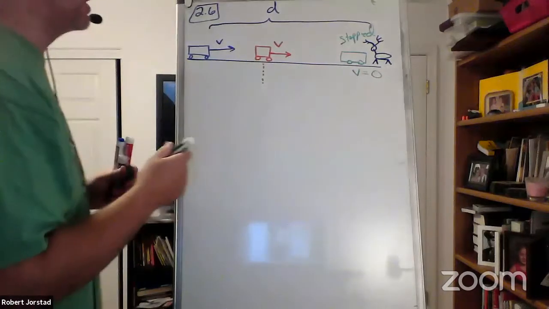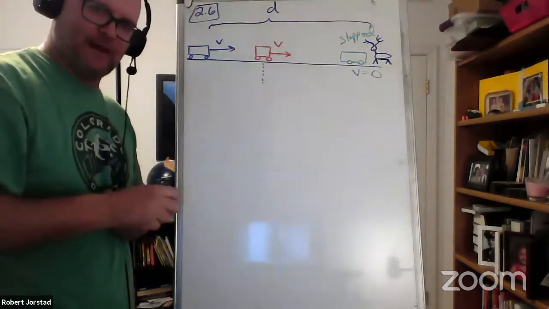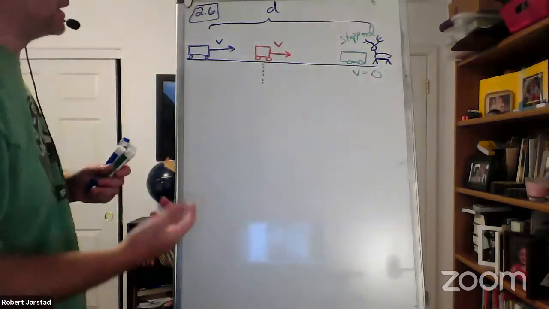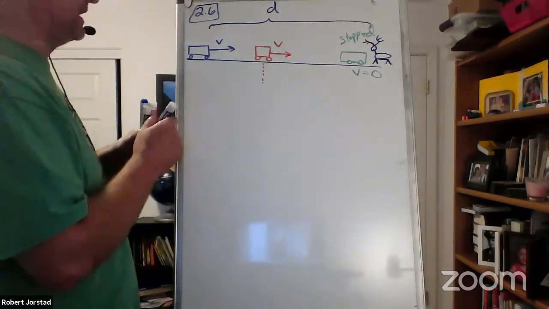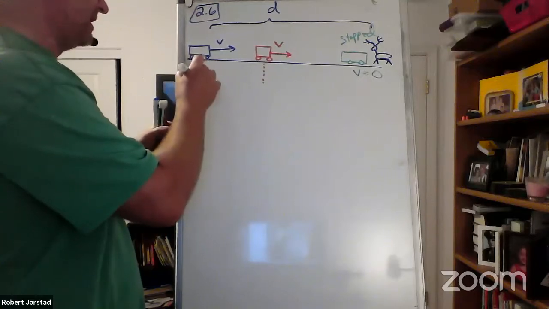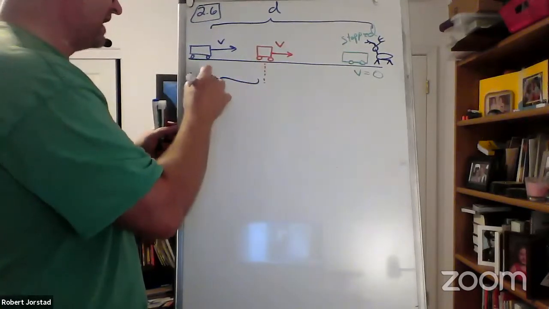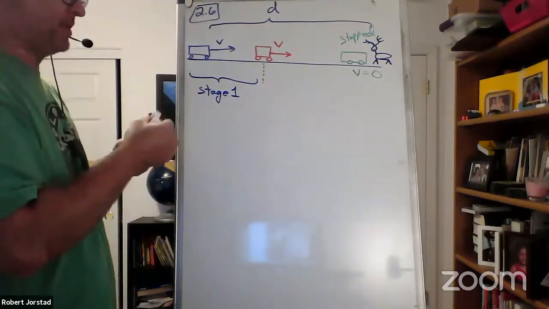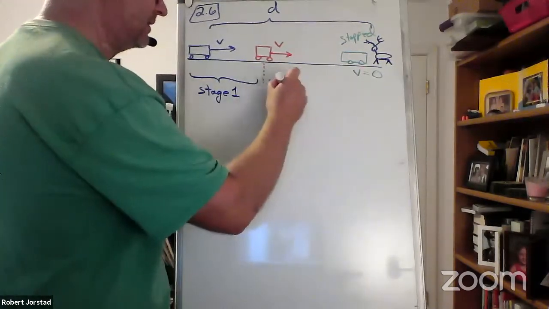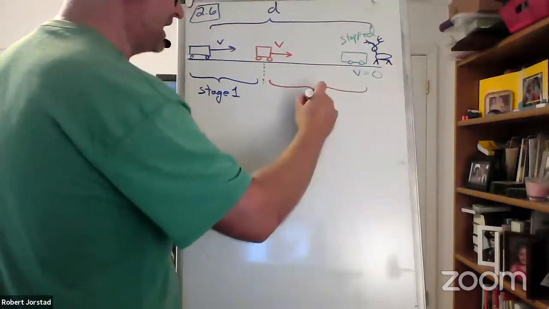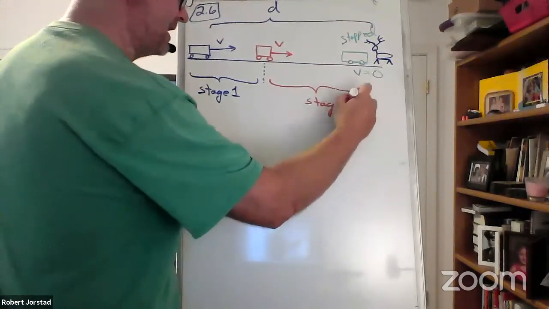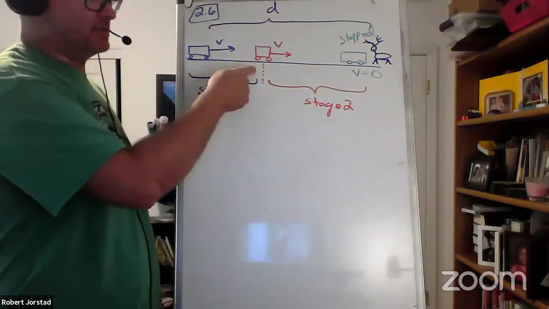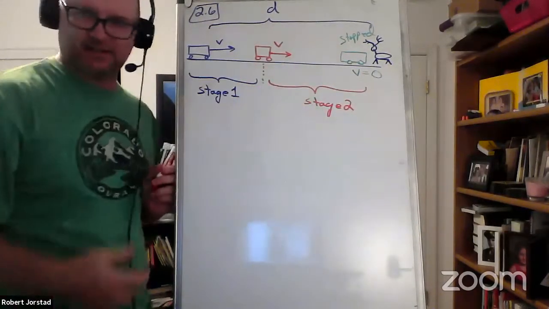All right. And so what we want to do is find a way to keep track of these stages. In this case, I might call all of this up to right here stage 1, and all of this over here stage 2. And what we see is the final velocity at the end of stage 1 is the initial velocity for stage 2.